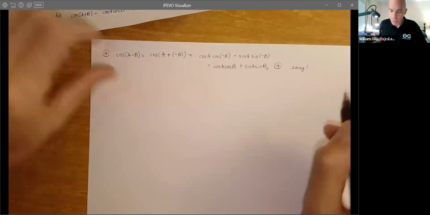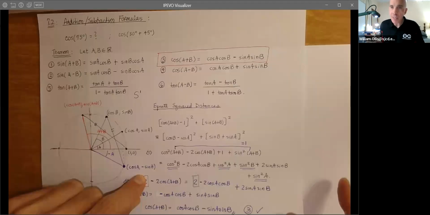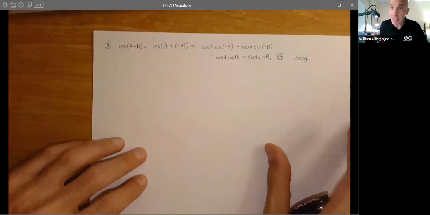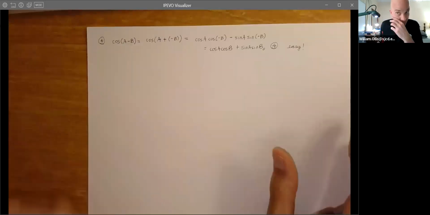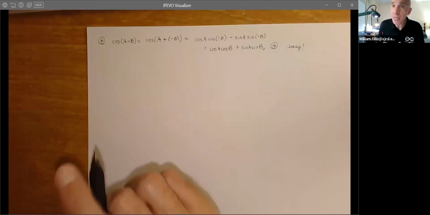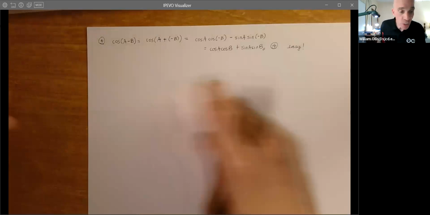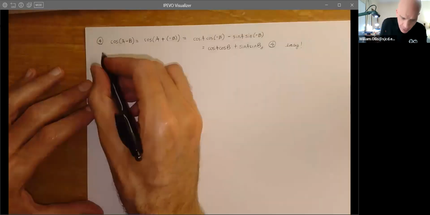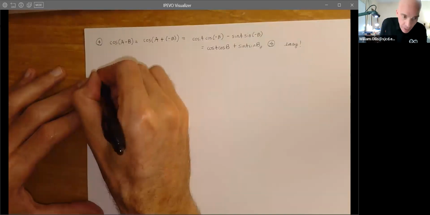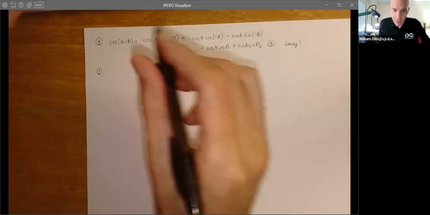We had to work to get this one, but now we know the relationships between cosines and negative angles and sines and negative angles. And we also know relationships between sines and cosines with the cofunction. So now let's just go to 1 and figure it out.